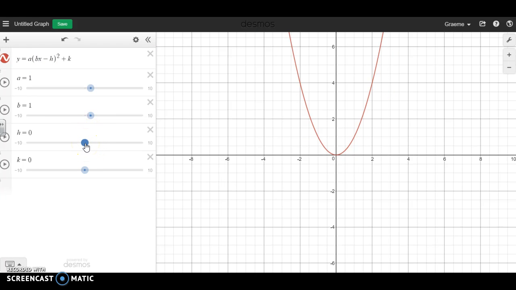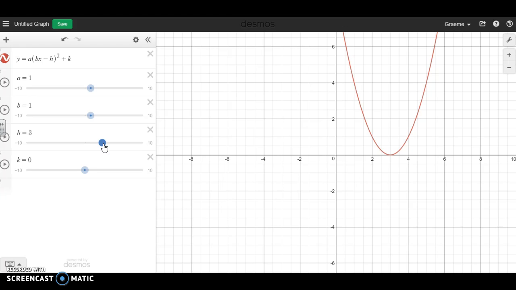H, the x-coordinate of the vertex, also transforms the graph left or right. Remember, our basic formula is x minus h, so the h value itself is what we're looking at. So when h is positive, I am going to move to the right. Now the equation will look, in this case, like x minus 3 squared.